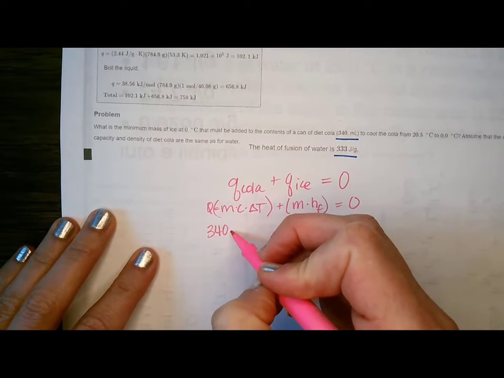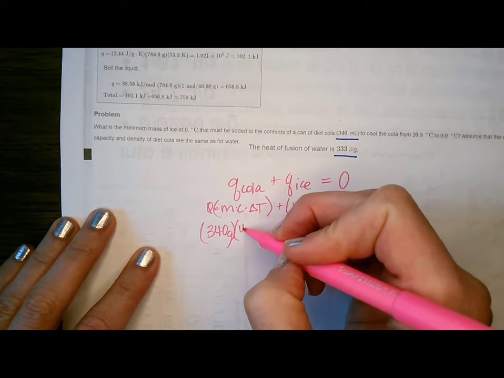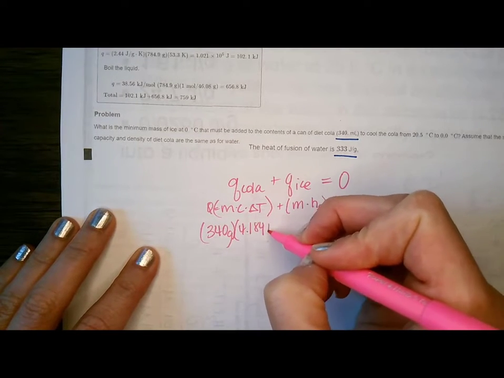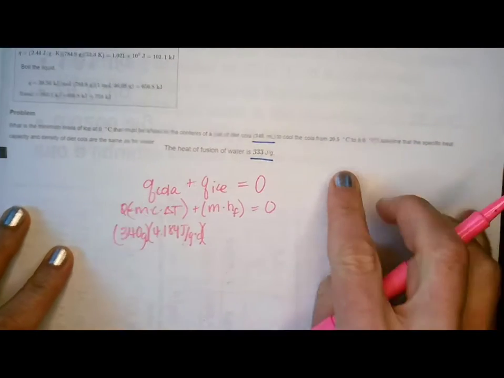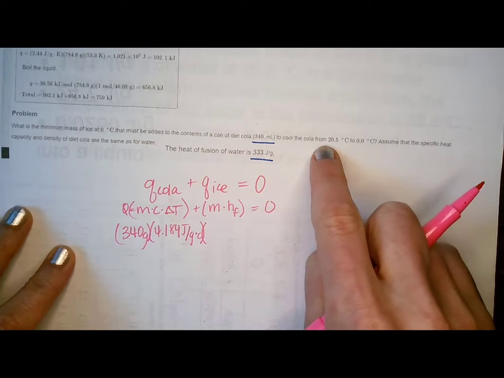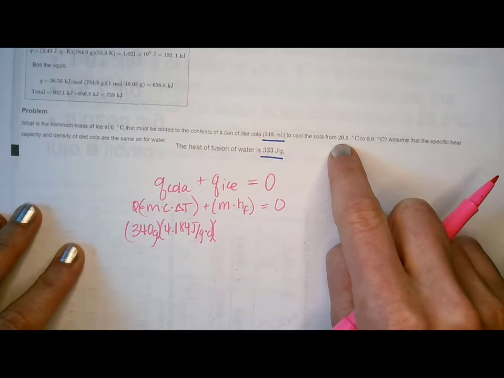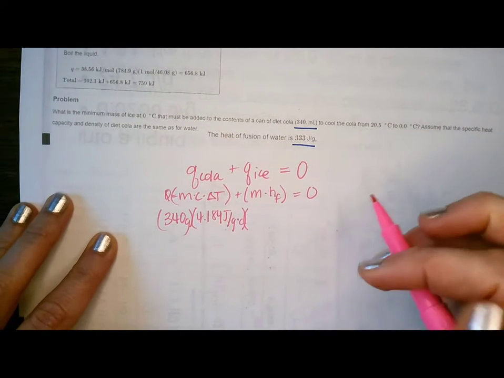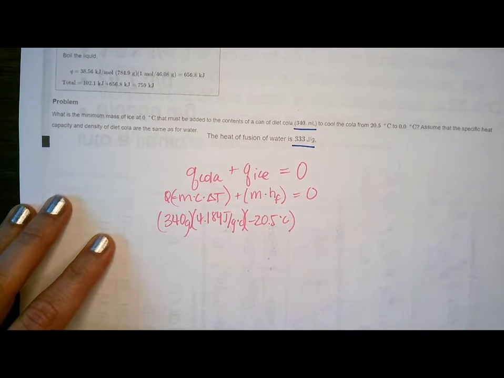So 340 grams. The specific heat of water is 4.184 joules per gram degree Celsius. And the change in temperature from 20.5 to 0. So final minus initial. 0 minus 20.5 is negative 20.5 degrees Celsius.